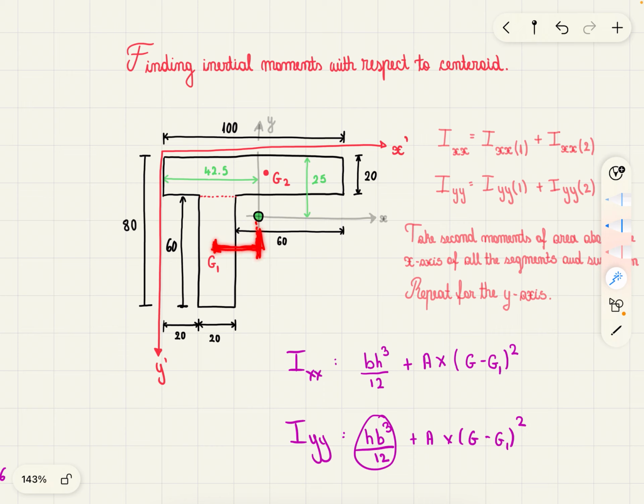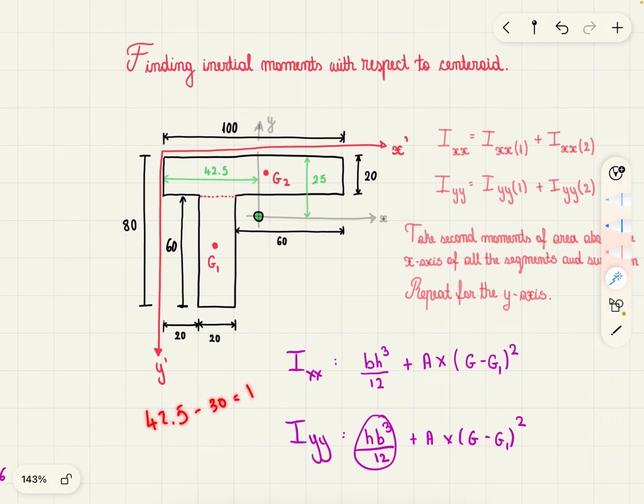So we know that from the center of gravity to the y prime reference axis, the distance is 42.5, and that from G1 to the y prime reference axis, the distance is 30. So we do 42.5 minus 30 to give us this one.